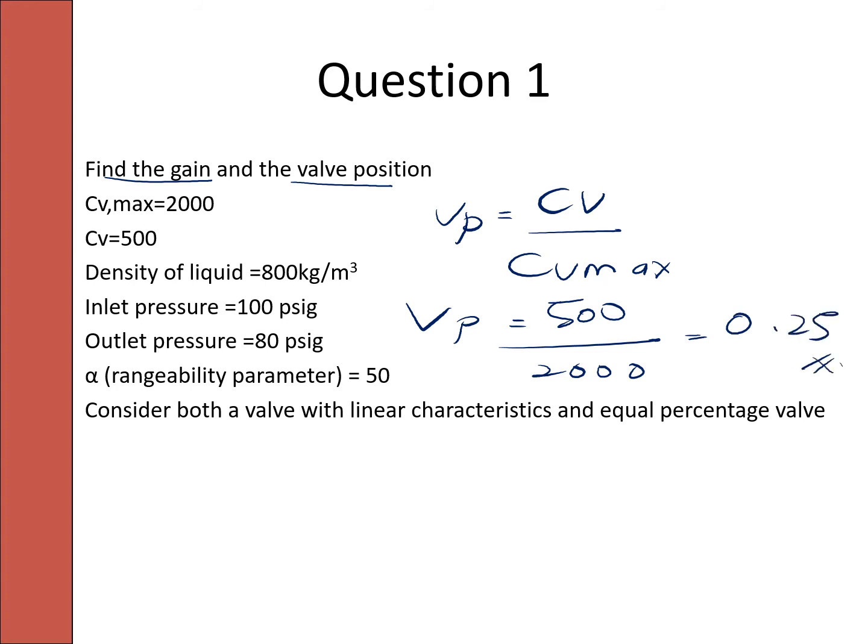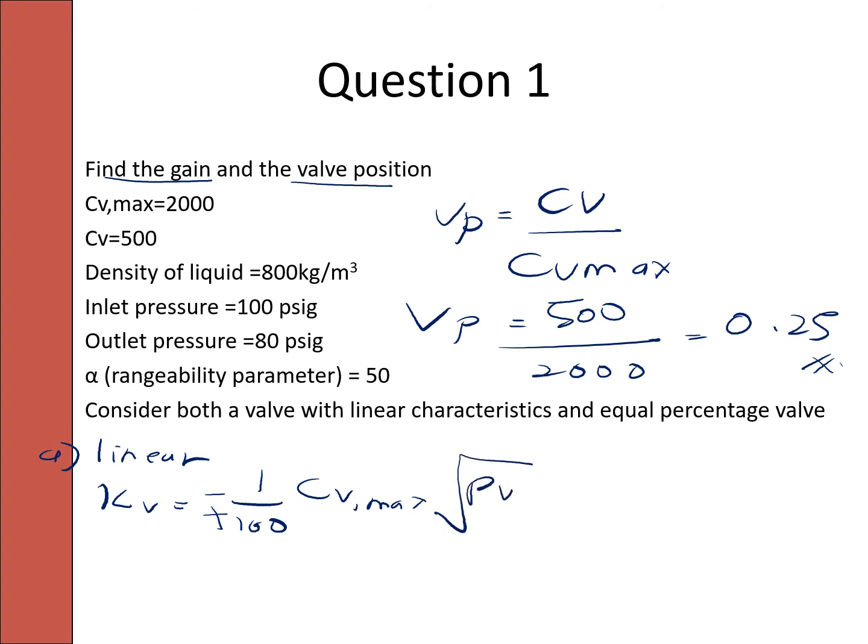Okay, so we need to consider both valve with linear characteristic and equal percentage. I try the linear first. We can use the formula given in the previous slide, which is kV equal to negative plus 1/100 CV max times the square root of delta PV over specific gravity.